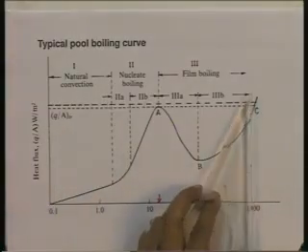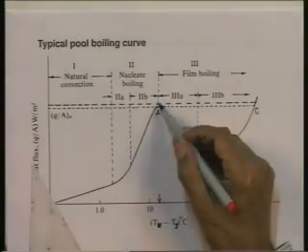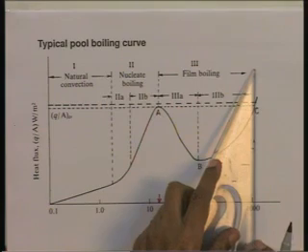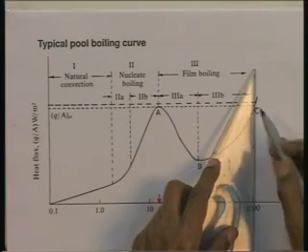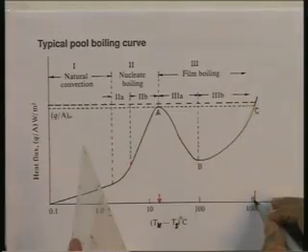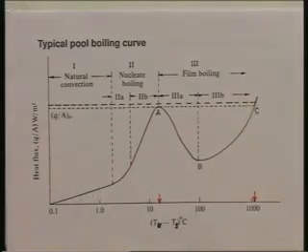Now, suddenly if I go to a value which is just a little higher than the critical heat flux, notice what happens. I have gone to a value of T w minus T s which will be somewhere here. That means, instead of having a value of T w minus T s which might be about 20, I have gone to a value which could be a few hundred or even 1000.